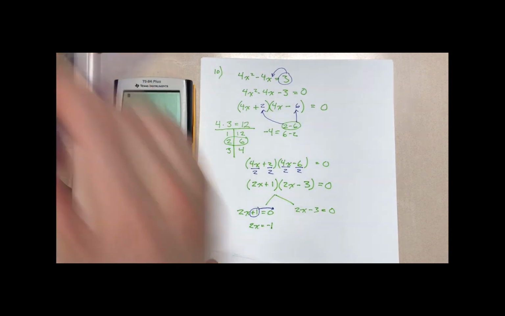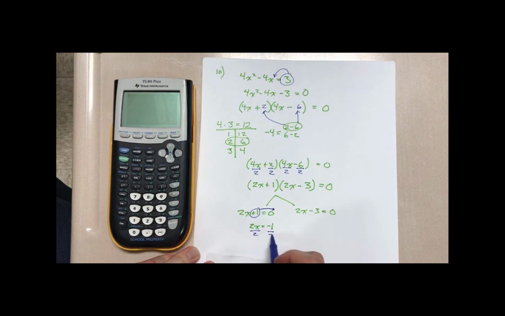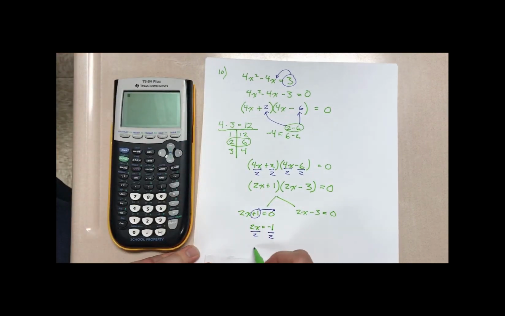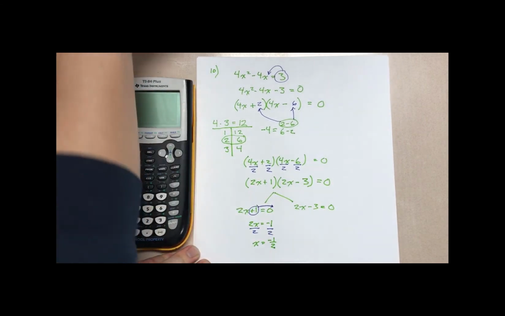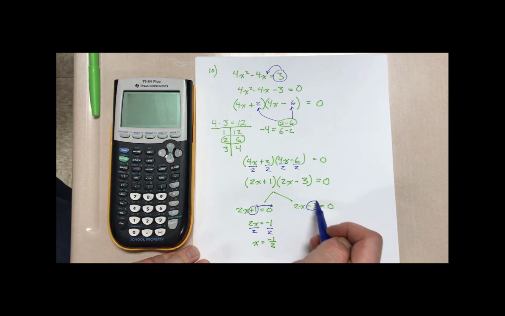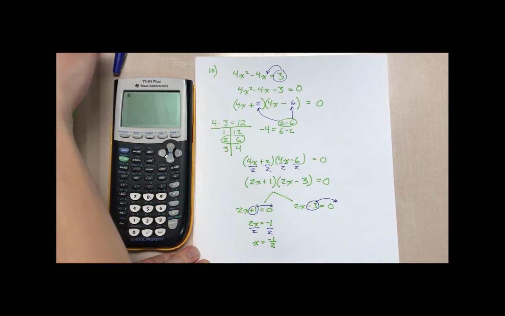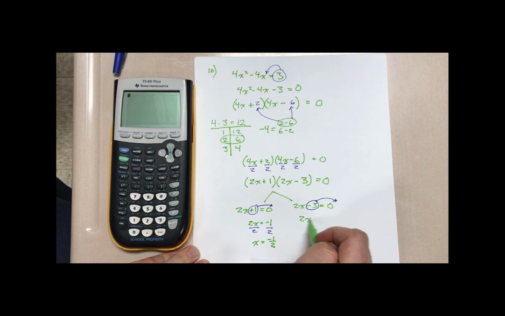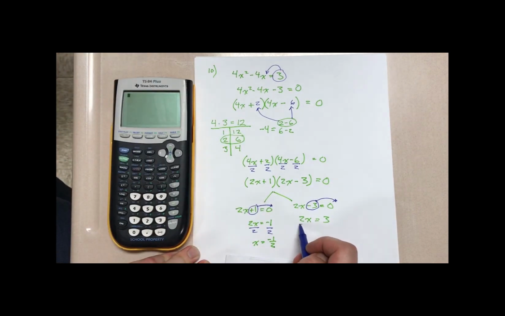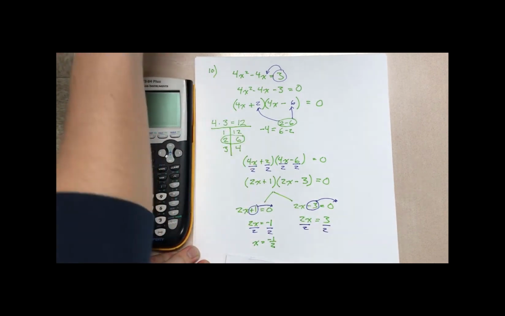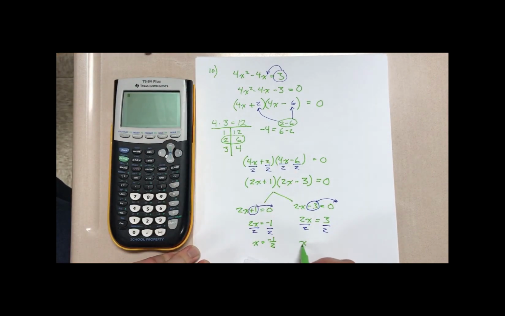And then we're going to divide both sides by 2, and we'll get x is equal to negative 1/2. On this side, we'll have 2x minus 3 equals 0, so we're going to take that negative 3, move that one over to the right-hand side. That'll give us 2x is equal to positive 3. Then we're going to divide both sides by the coefficient of the x, and we'll get x is equal to 3/2. There's our two solutions, found algebraically.